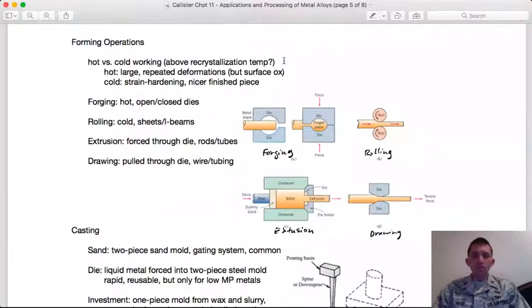Remember when we were talking about refining the grain structure, we had this recrystallization where you had this cold working step and then this higher temperature step where you allow the grains to relax and form new grains from that strained parent material. For hot working, you're essentially doing both at the same time, right?